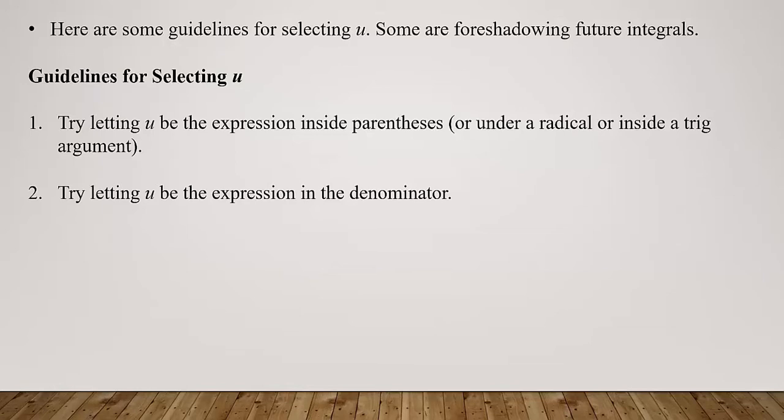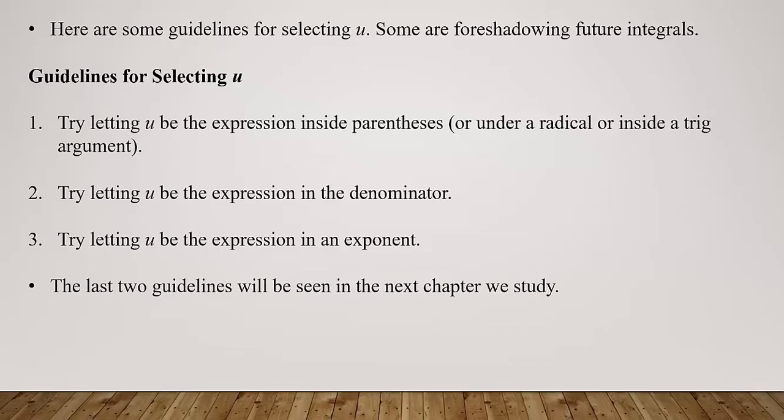You'll see this in Chapter 7. Number 3, try letting U be the expression that's in an exponent position. Okay, you're going to see that also in Chapter 7. And I have a note here that the last 2 guidelines will be seen in the next chapter we study. But that's a good 3 guidelines for selecting U.